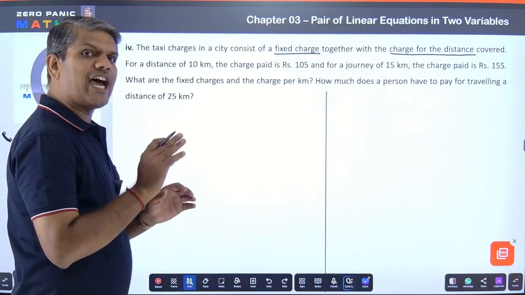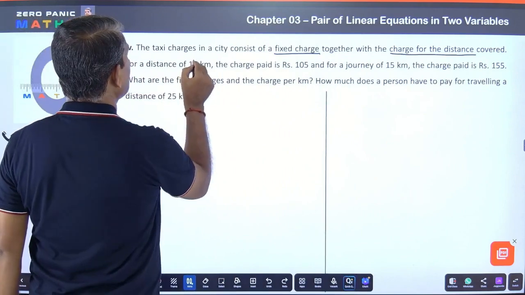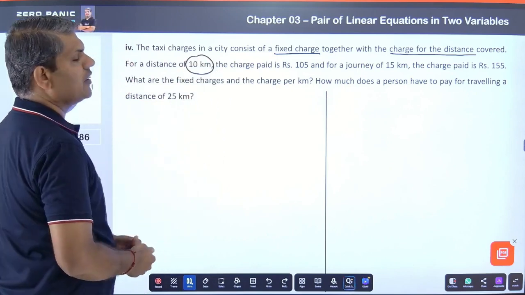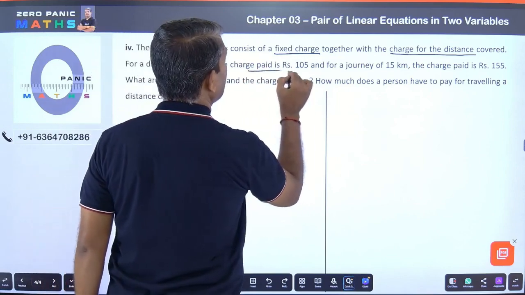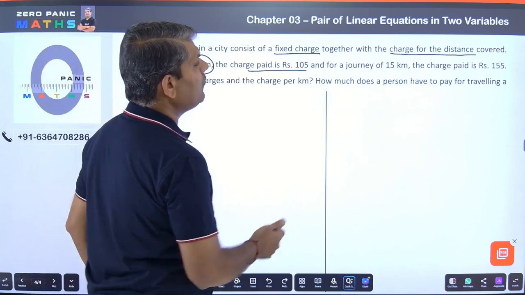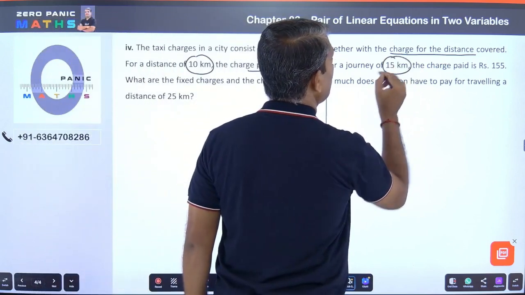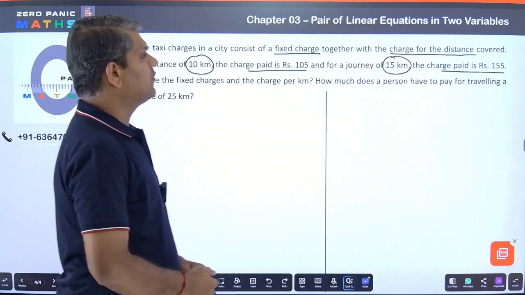It means charge per kilometer. So for a distance of 10 kilometer, let us mark this also, the charge paid is rupees 105, and for a journey of 15 kilometer the charge paid is rupees 155.